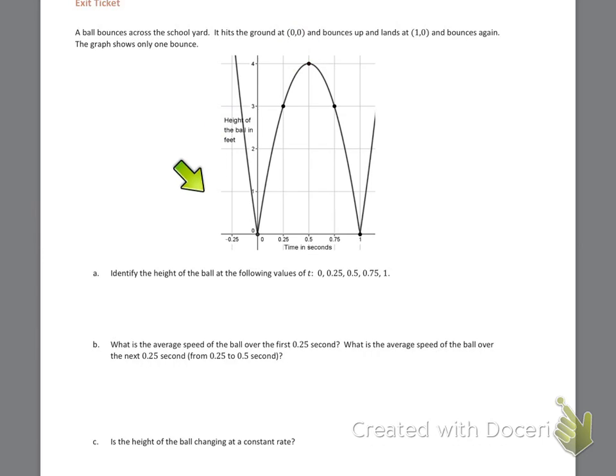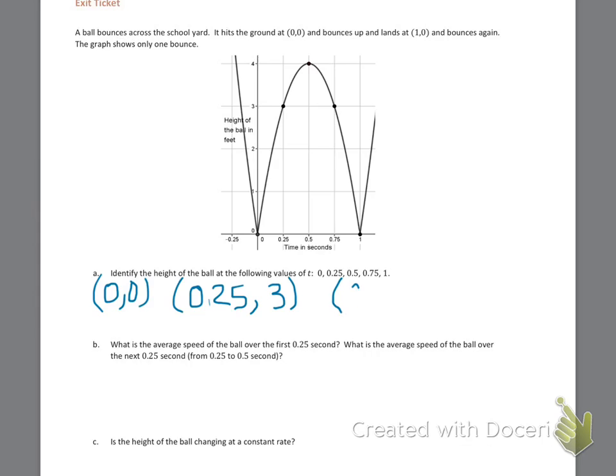Okay, so you were asked to identify the height of the ball at the following values. When t is 0, then the height is 0. I'm going to write these as ordered pairs. You could have just written it out however you had room for. When t is 0.25, so at a quarter of a second, I want to follow this up here and see that the ball is at 3 feet at 0.25 seconds.